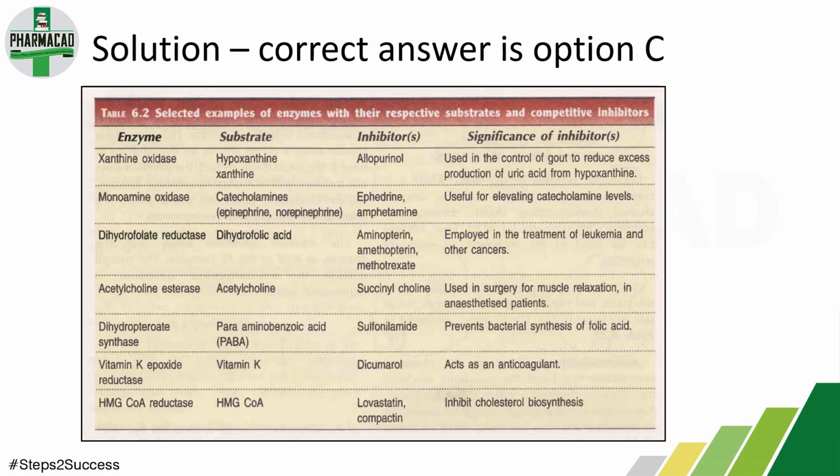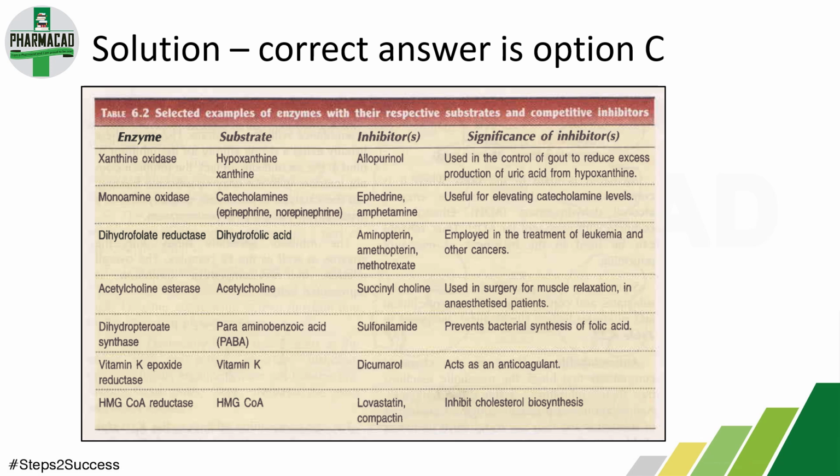So before understanding this table, remember that in biochemistry, the active site is the region of the enzyme where substrate molecules bind and undergo the chemical reaction. So basically, every enzyme has its respective substrate.